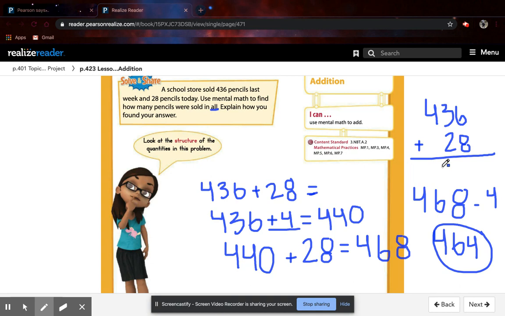Is that all about the topic and lesson that we're doing right now? No. But is it a way that you can still solve the problem and find the answer? Yes. So if writing your equation this way and solving it like you normally would is more helpful to you, then you can definitely do that. I'm not going to get mad at you for choosing a different way to solve the problem as long as you're still solving it and it makes sense to you.